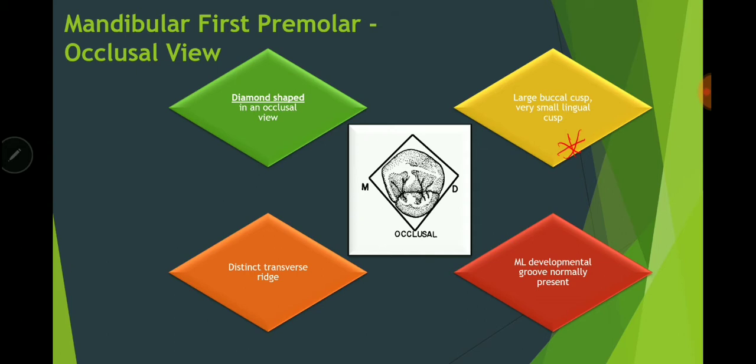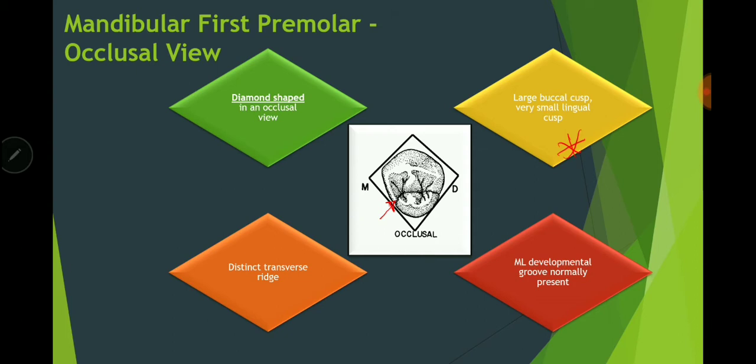And the mesiolingual developmental groove is normally present. Okay, so when you look here, this is the mesiolingual developmental groove. Remember, the maxillary first premolar has a mesial marginal groove; this one has a mesiolingual developmental groove.